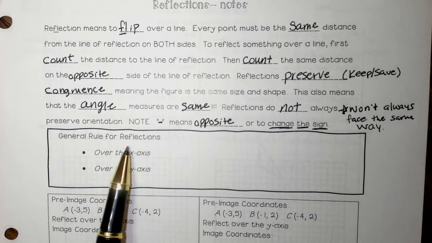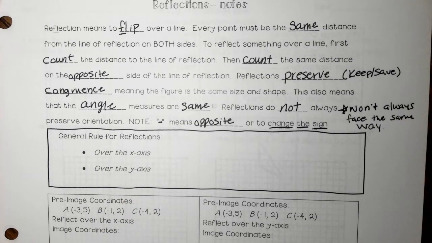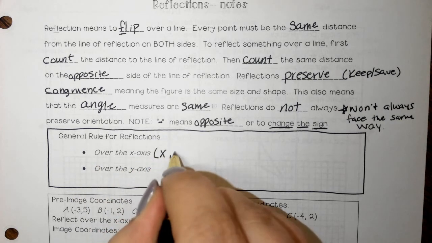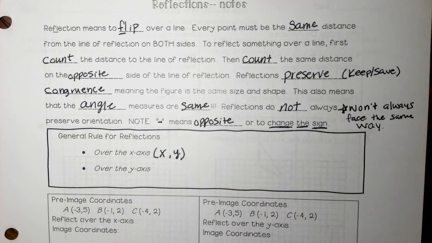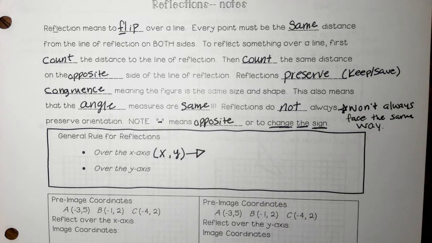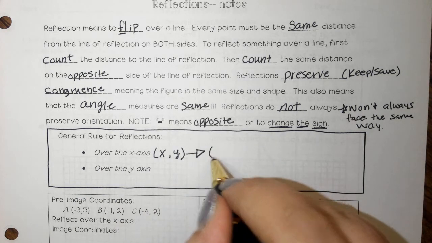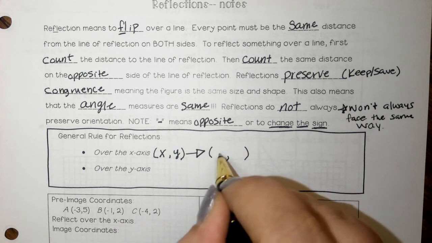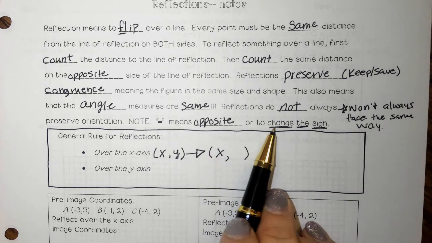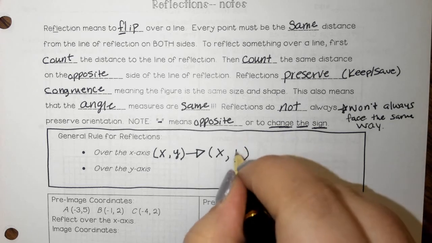Here we're going to just write out the general rule for reflections. If we are reflecting something over the x-axis, we start with our normal ordered pair, x comma y. We're transforming this with a reflection, so I'll draw an arrow. We're reflecting over the x-axis, so the x value stays the same. The one coordinate that changes signs is y.